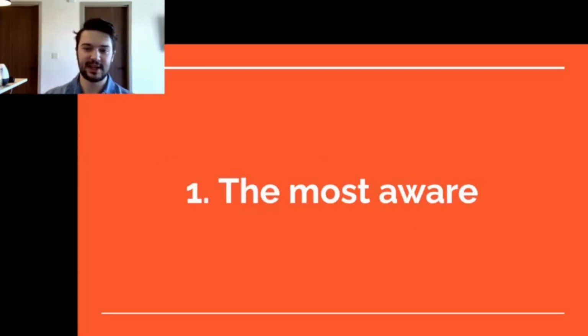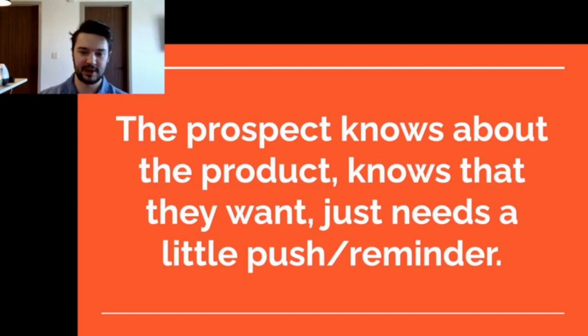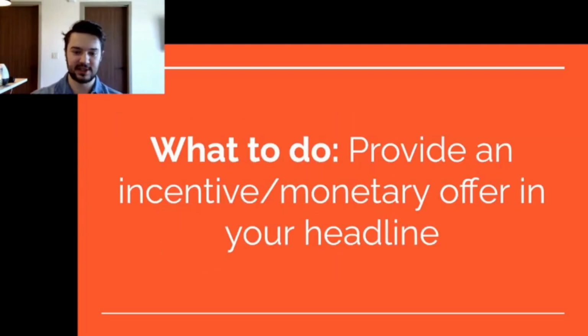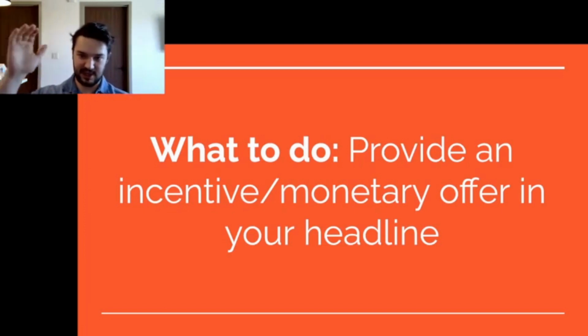Stage number 1 is going to be the most aware. So the prospect knows all about your product, knows that they want it, and they just need a little bit more of a push or a reminder to actually go ahead and make the purchase. So what you're going to do in a situation like this, when the customer is the most aware of the product and wants it, all you have to do is provide some sort of incentive.